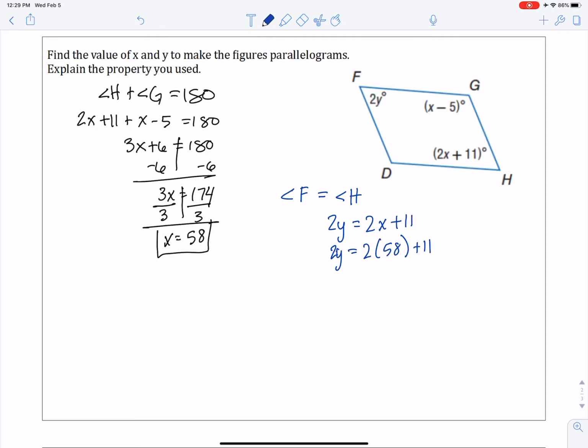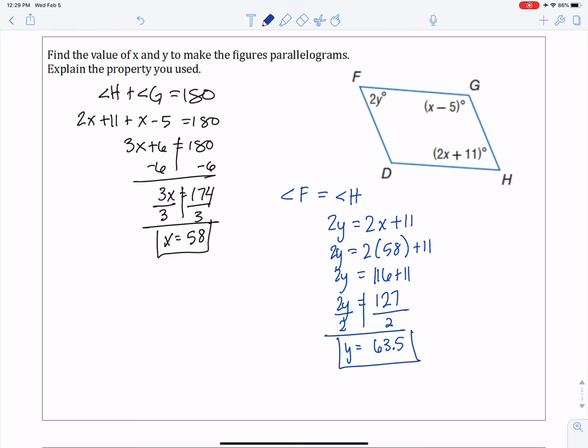And 2 times 58 is 116. And 116 plus 11 is 127. Divide by 2. So y equals 63.5. So y is equal to 63.5, x is equal to 58.